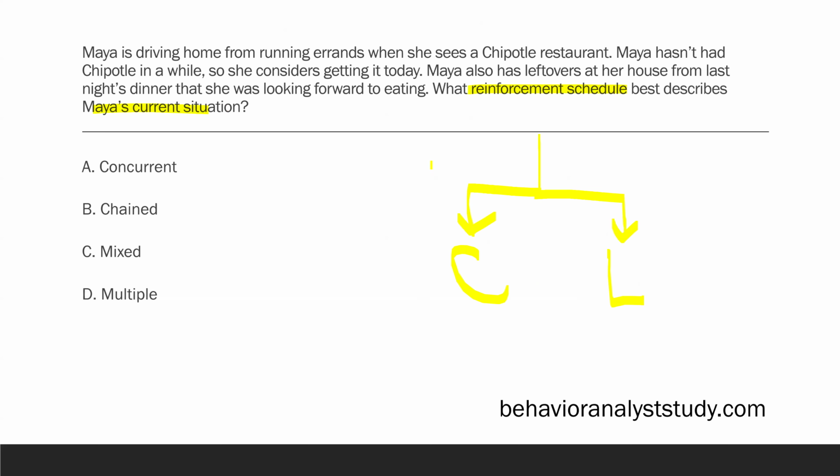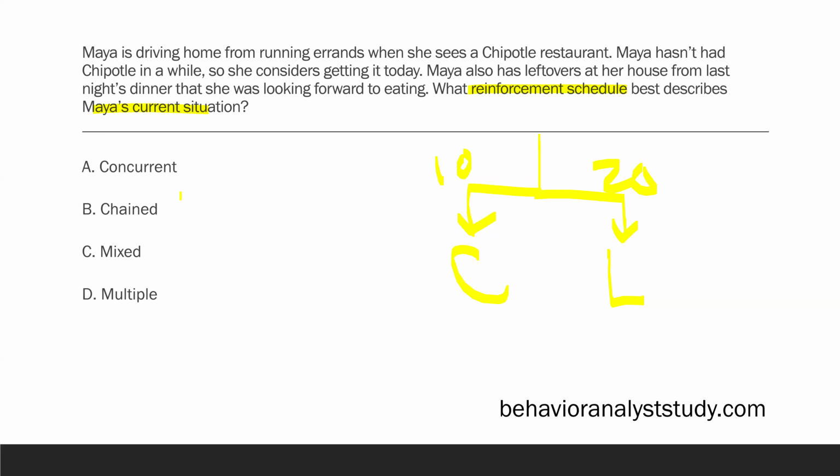Let's say it takes 10 minutes to get here and 20 minutes to get here. Well, those are two different reinforcement schedules, two different behaviors, two different outcomes. But Maya has that choice. When we have a situation where our client or a person has a choice in the schedule, what do we call that? Well, we call that a concurrent schedule. These two schedules are operating concurrently. There is a choice involved.